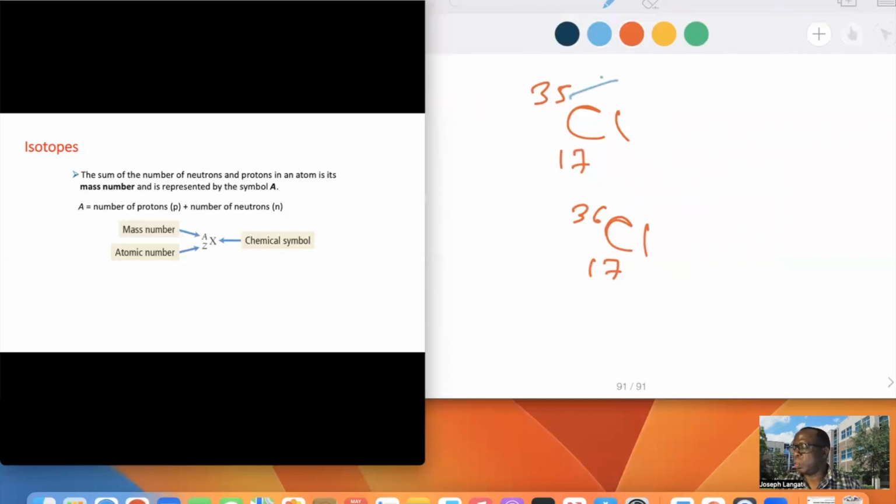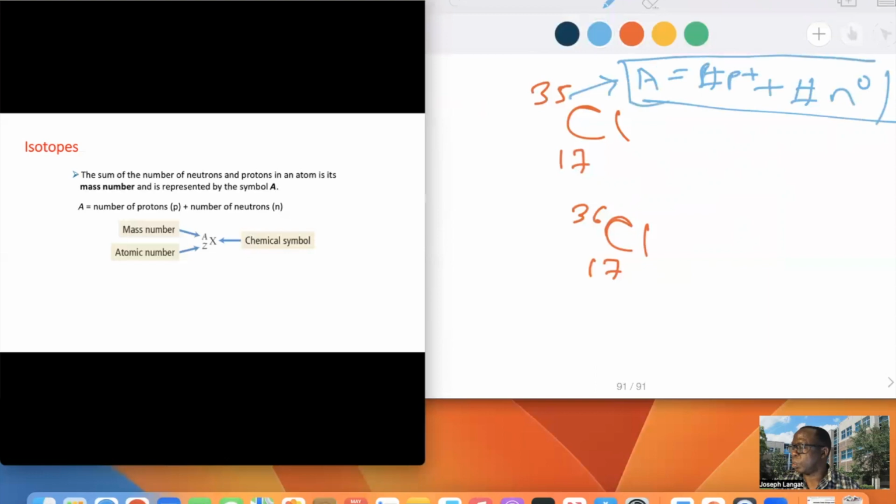And here, this is the mass number A, which equals the number of protons plus the number of neutrons.